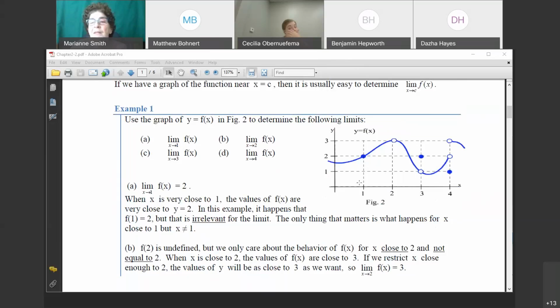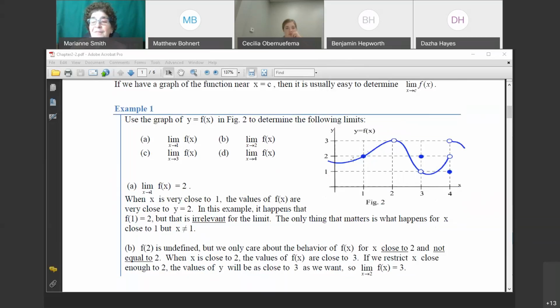Some of you are looking at this and saying, duh, the value at x equals 1 is 2, so that must be the value I'm getting close to, and you're absolutely right. This is a graph where the limit and the function value are the same. As I approach x equals 1 from the left, I'm getting close to the y value too. So that's 2.